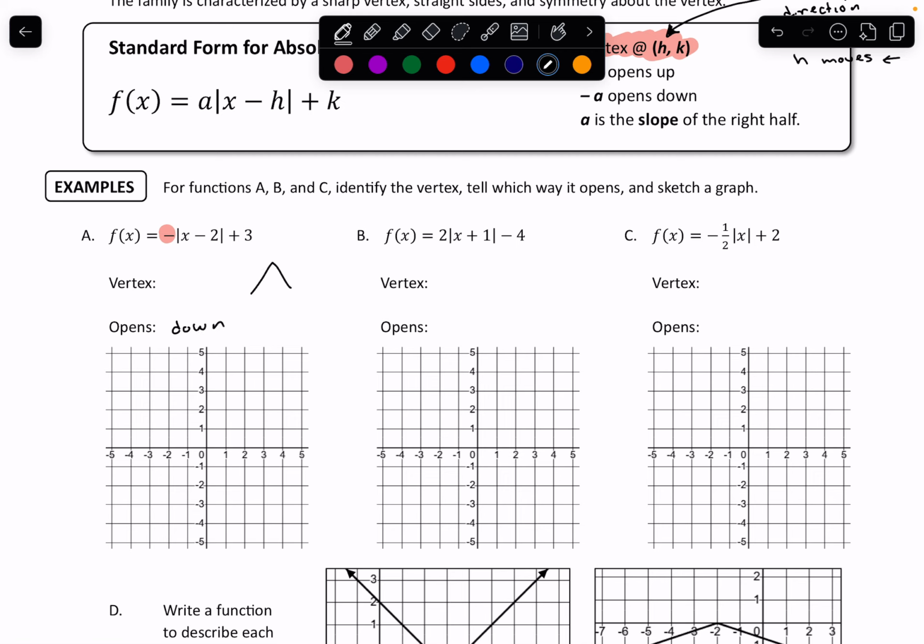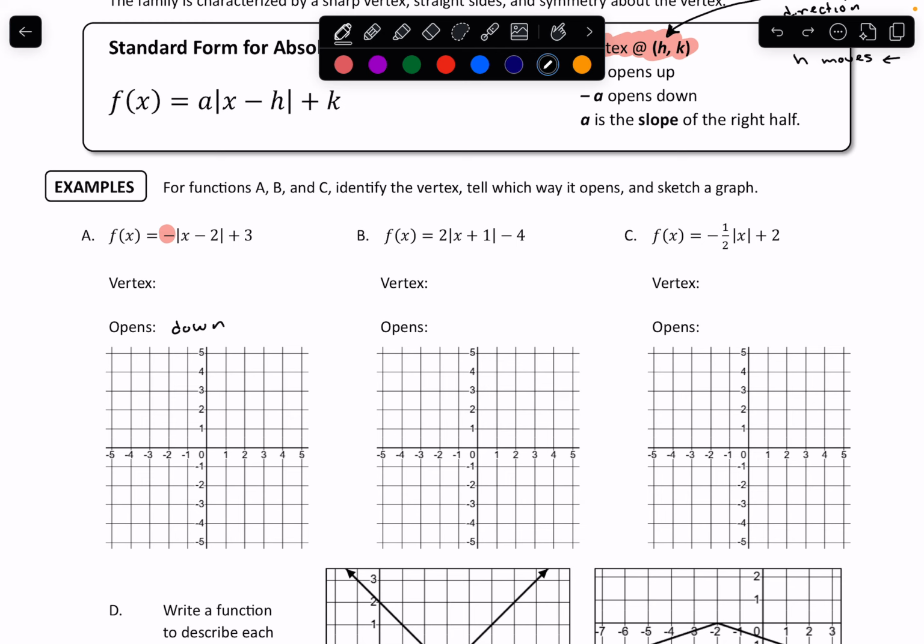So it's going to look upside down instead of like a regular V. The fact that it's just a negative, that there's not a 2 or a 3 or a 4, means that my slope isn't going to change. It's just going to be upside down. So instead of up 1 over 1, it's going to go down 1 over 1. It's just flipped upside down, right?